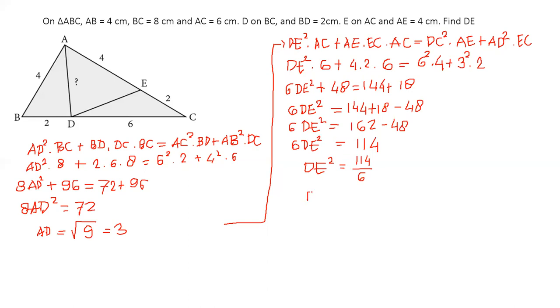So DE squared equals 19, and DE equals the square root of 19 centimeters. This is the length of line segment DE.